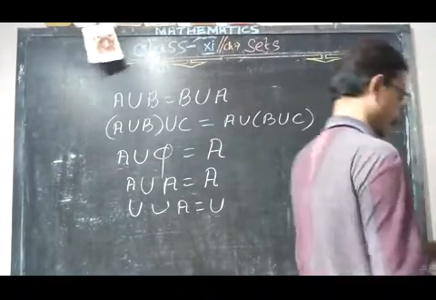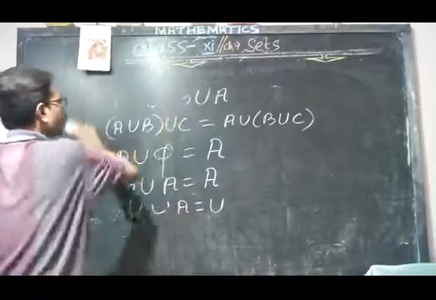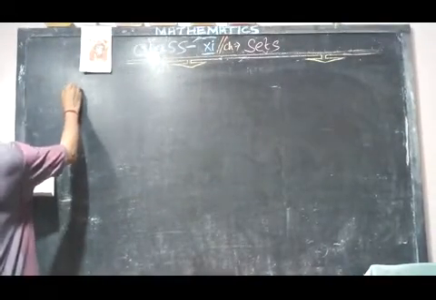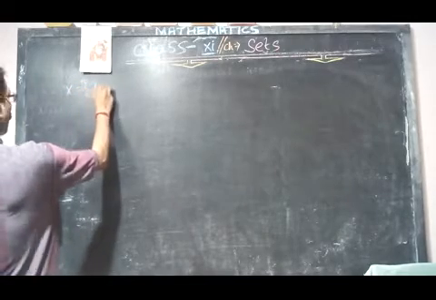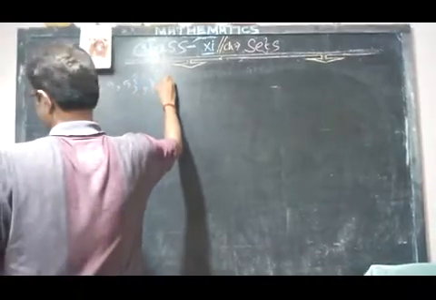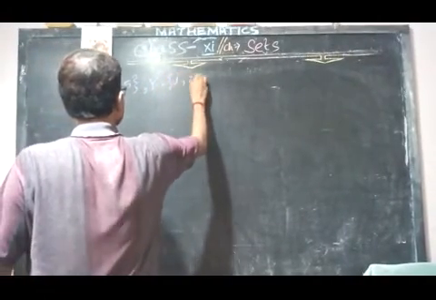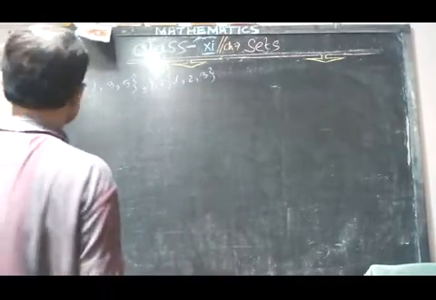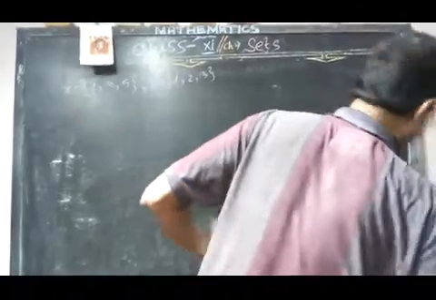Now I will solve a few problems. First problem: a set x equals 1, 3, 5 and another set y equals 1, 2, 3. Find the union of the two sets.